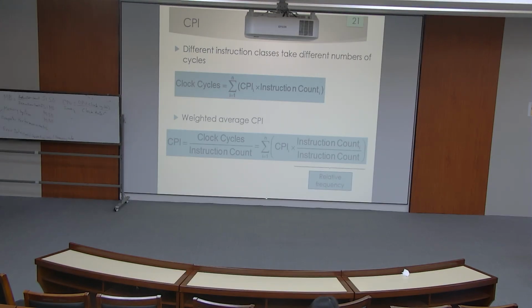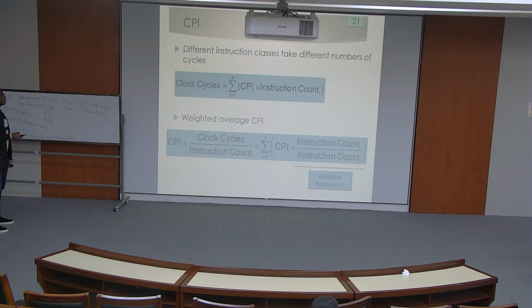Now, for CPI, we have different instruction classes which can take different numbers of cycles. So the clock cycle count is given by this expression: the summation from i equals 1 to n of the CPI, because each instruction class has its own CPI, times the instruction count for each class. That gives the CPU clock cycles.